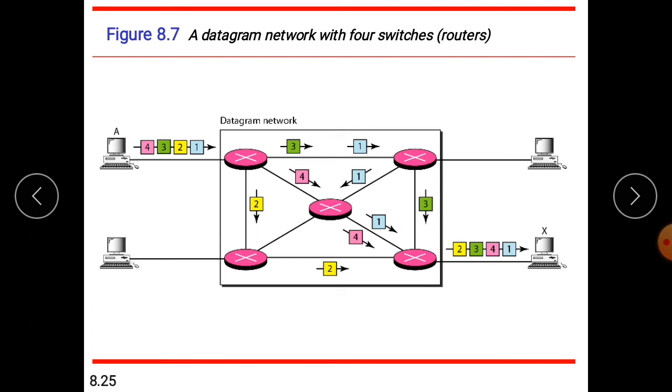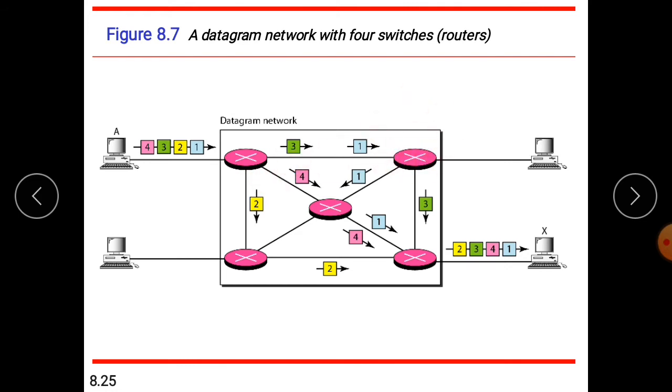Here you can see the 4 packets 1, 2, 3, 4 will take different routes in the datagram network and will arrive at the destination out of order. Also, they will reach the destination with different delays since they pass through different routers.